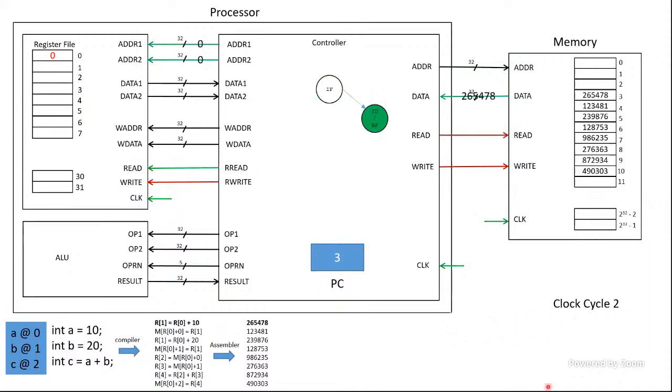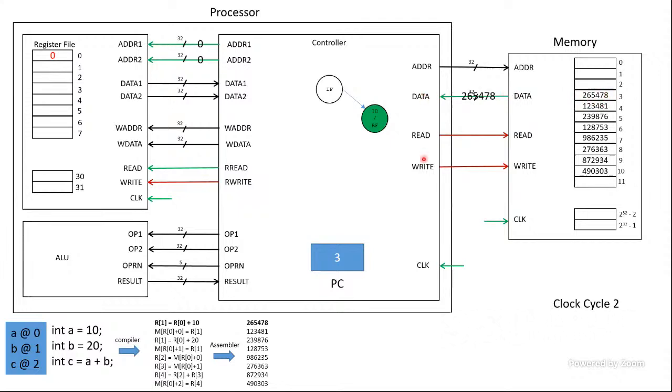Now next, clock cycle 2. Clock goes high again. The controller goes from instruction fetch to instruction decode and register fetch. At this point, memory returns the data from address 3, right?